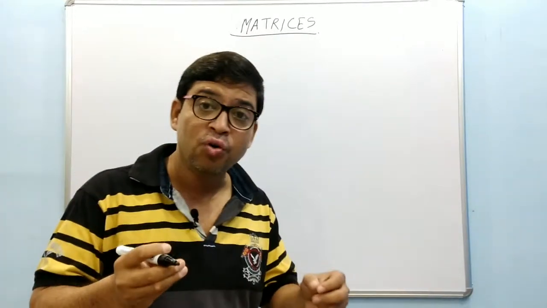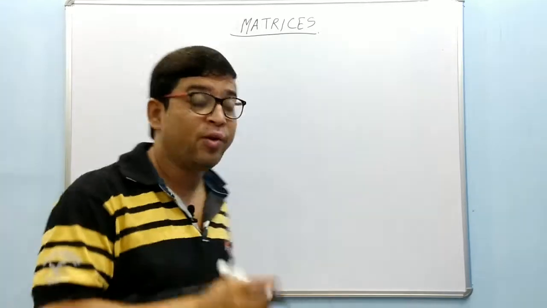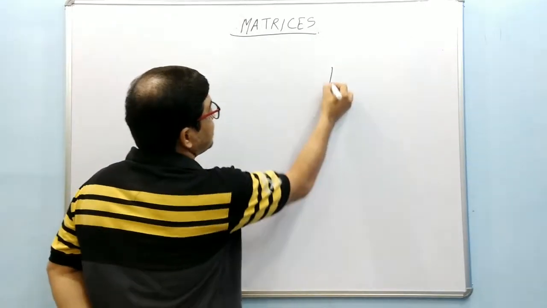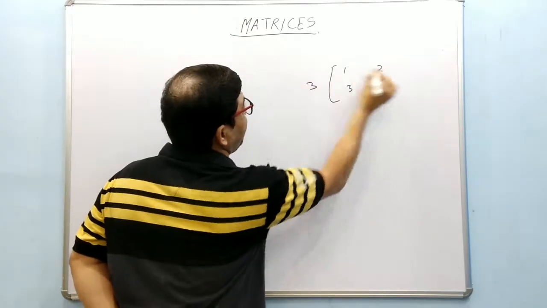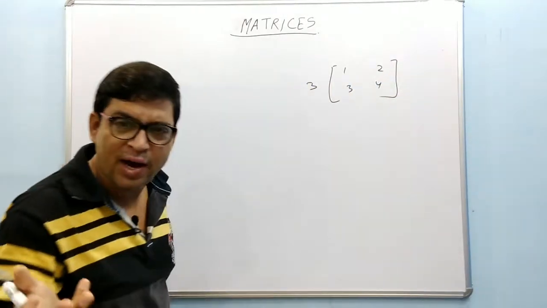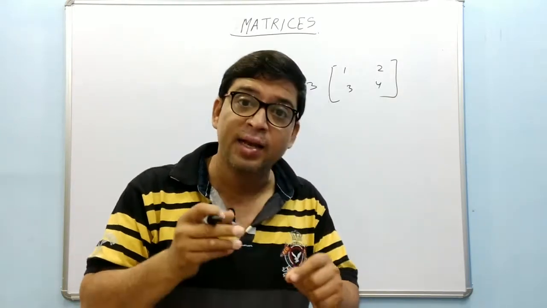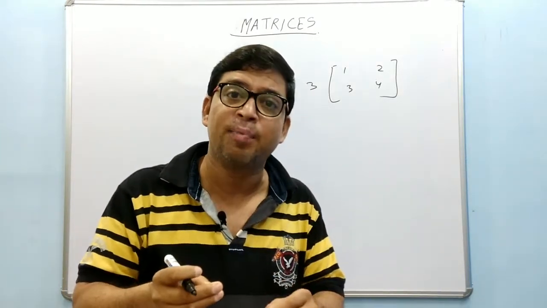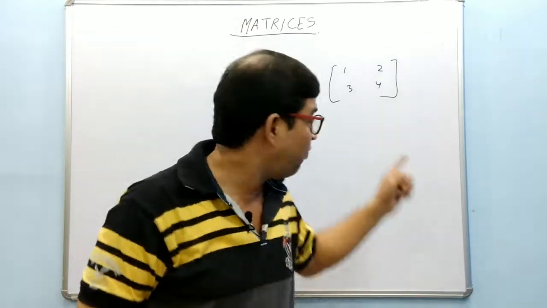Now we should know what happens if a scalar is multiplied to a matrix. Suppose a matrix is 1, 2, 3, 4, and a scalar 3. Suppose 3, k, 5, lambda, anything is multiplied to a matrix. That element is multiplied to each and every element of the matrix.